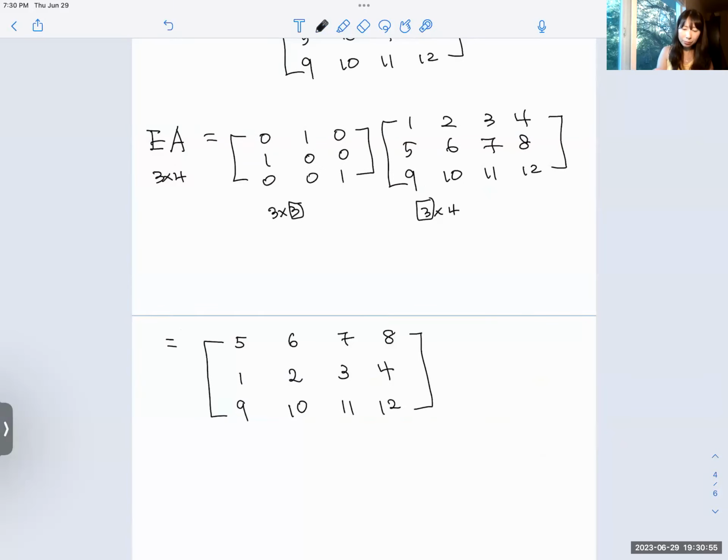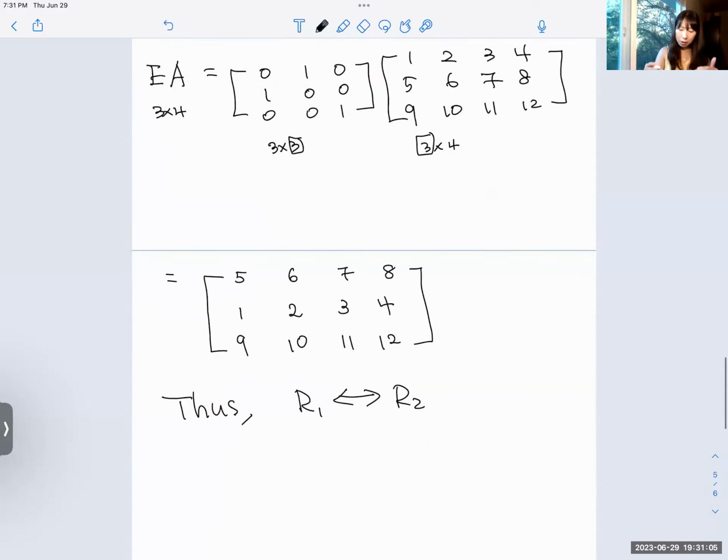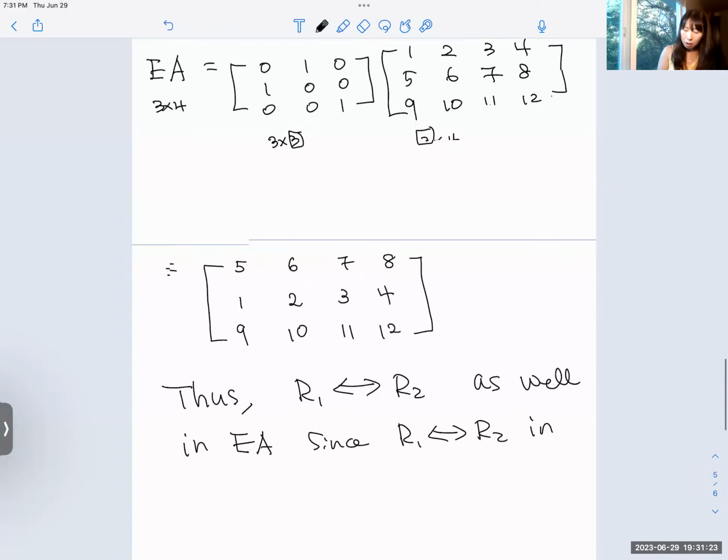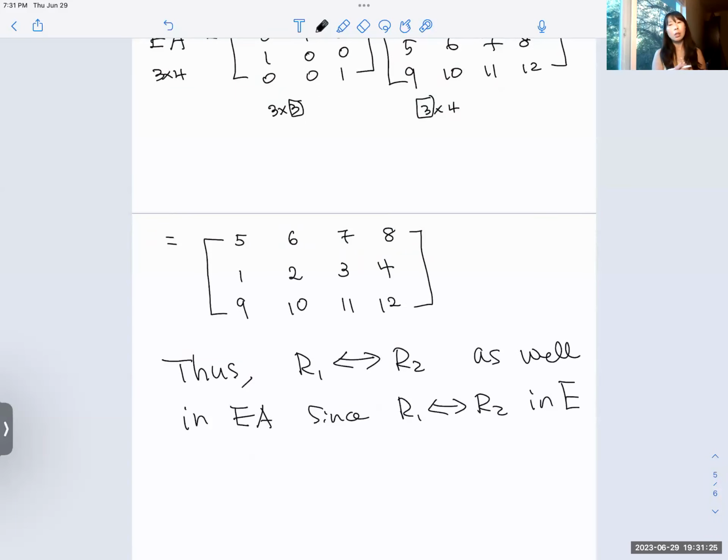Which is, row 1 and row 2 are exchanged as well in the product of the elementary matrix and A, since they were exchanged in the elementary matrix, all right? Okay.